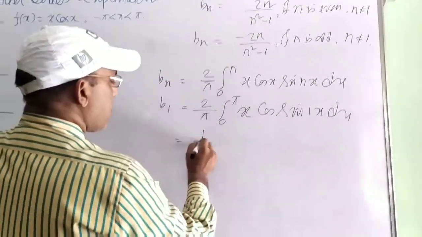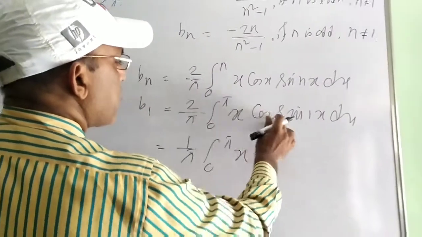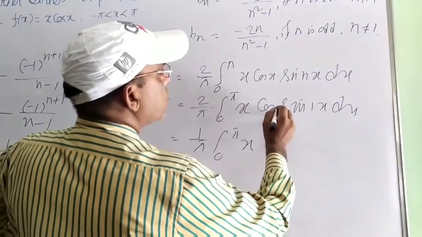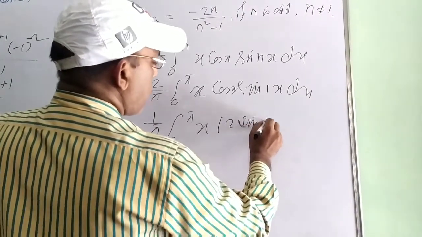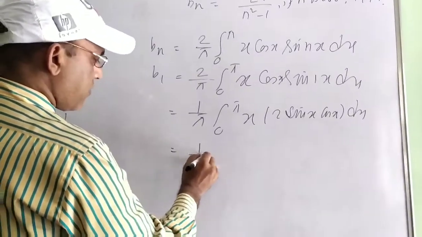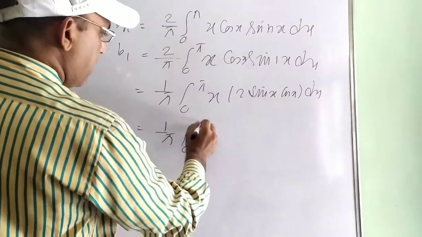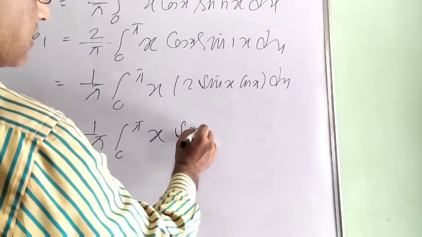This is 1 by pi, 0 to pi, x, taking 2 here, 2 sin x cos x dx.